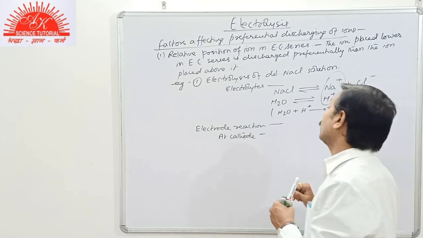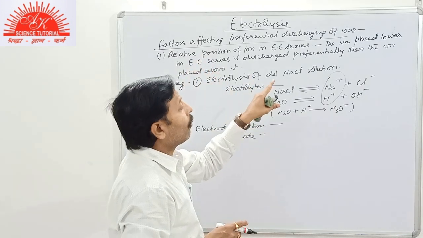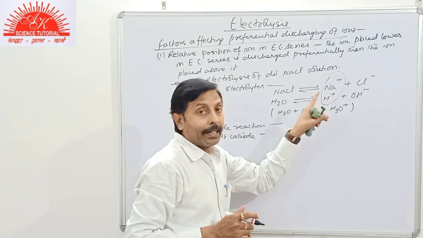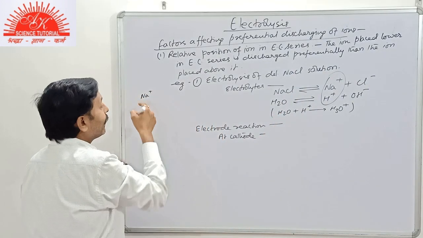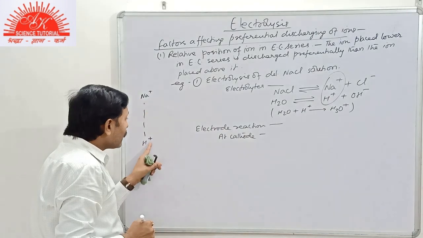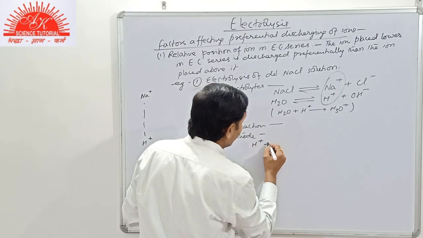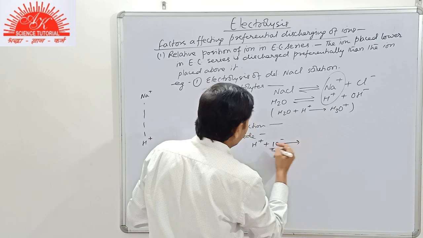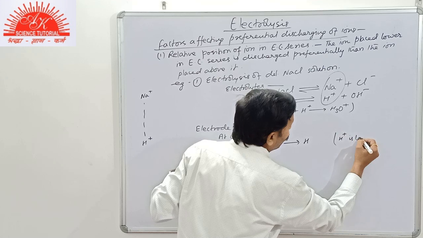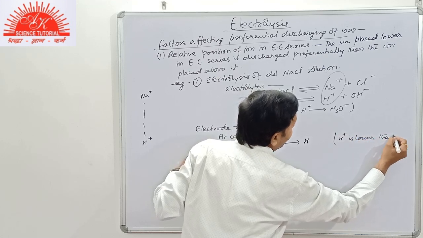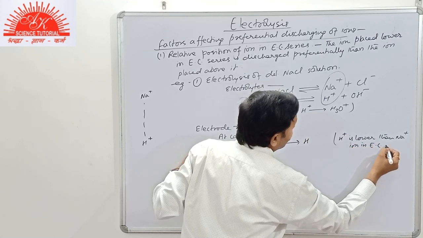Which one of them will be discharged? If we see the electrochemical series of cations, the H+ ion is lower in position than the Na+ ion. So it is the H+ ion that will be discharged first, by accepting an electron at the cathode, since the H+ ion is lower than Na+ in the electrochemical series.